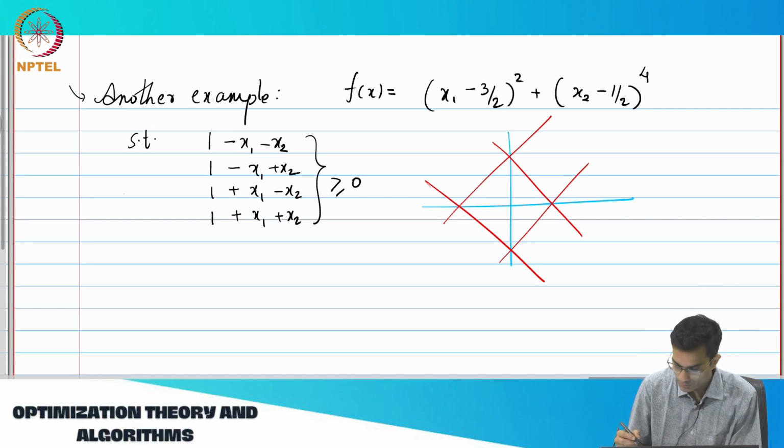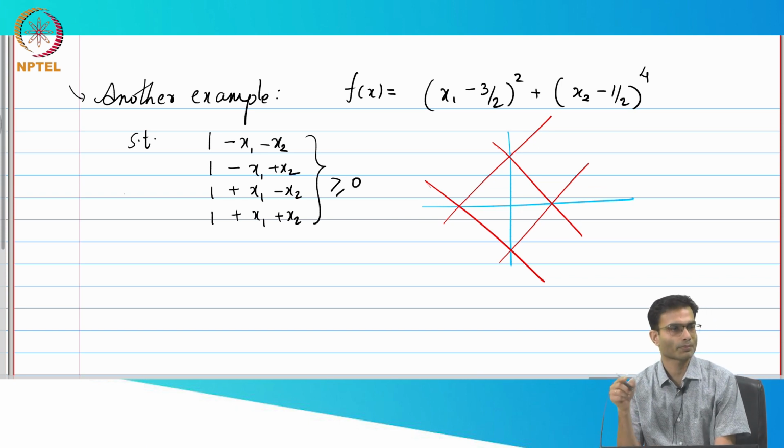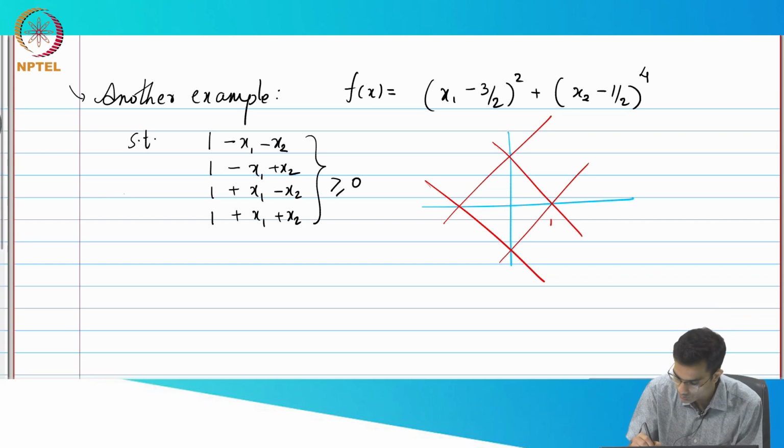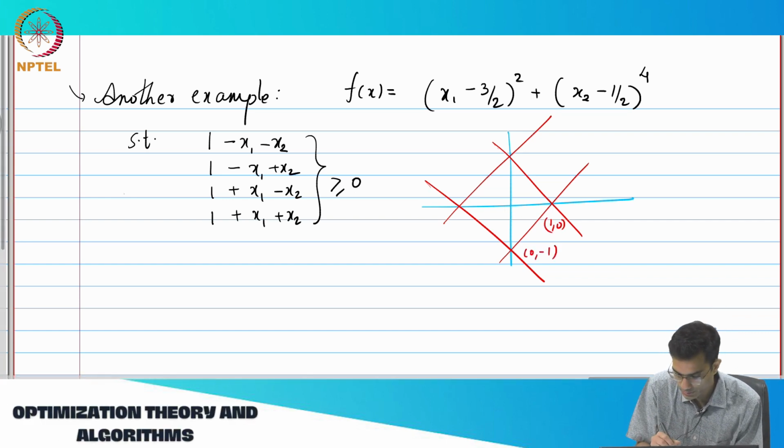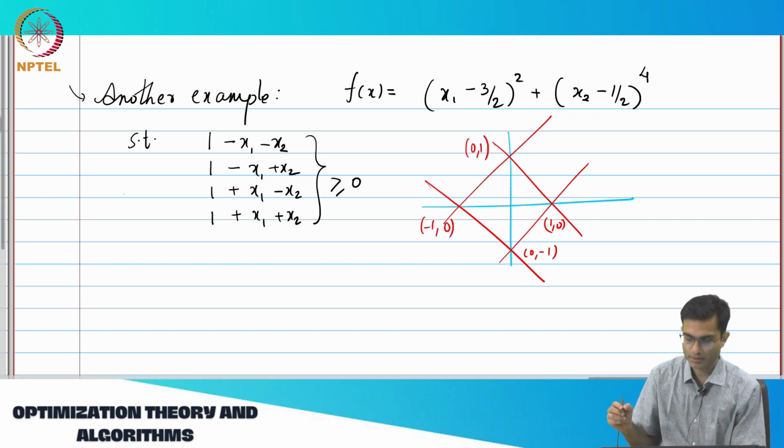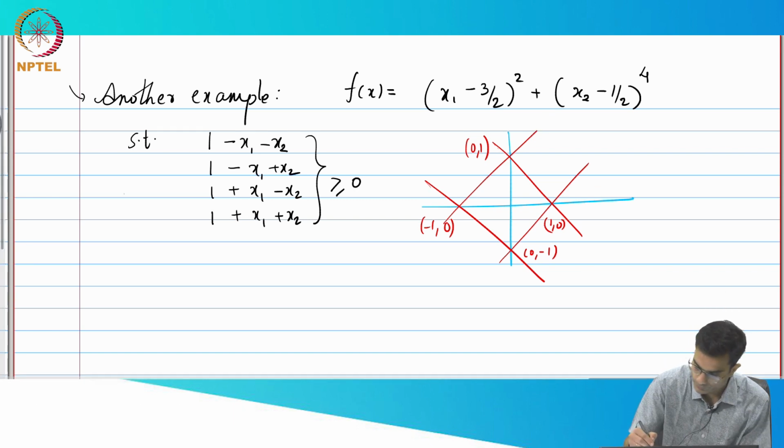The coordinates of the four points are (1, 0), (0, minus 1), (minus 1, 0), (0, 1).